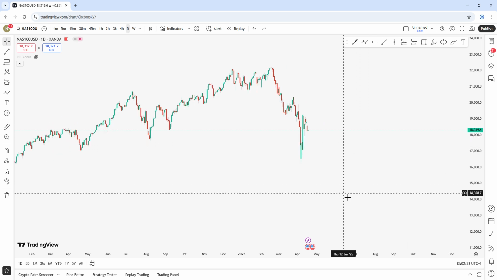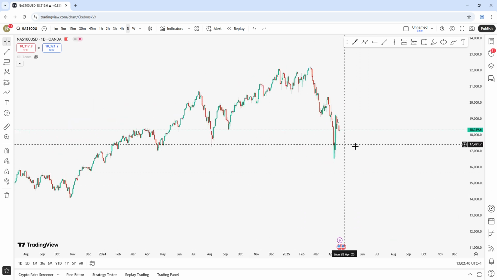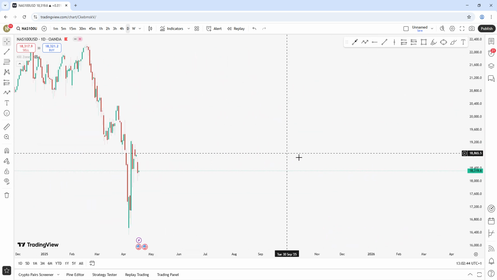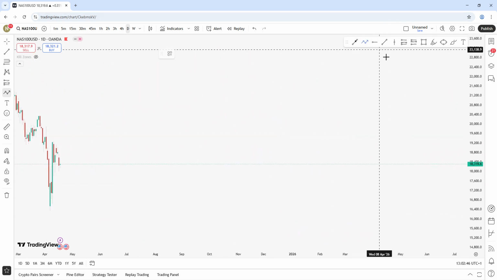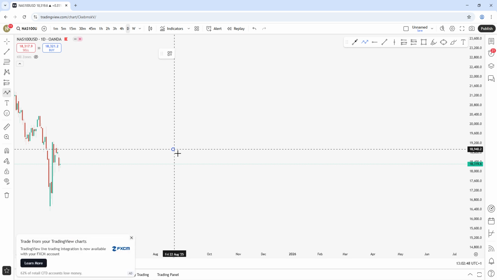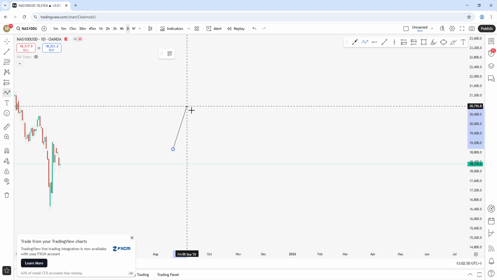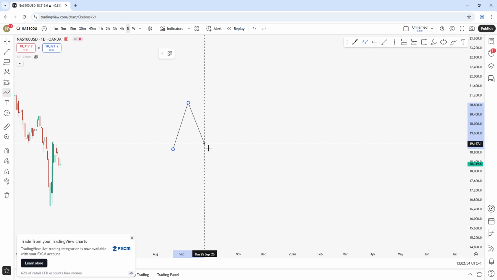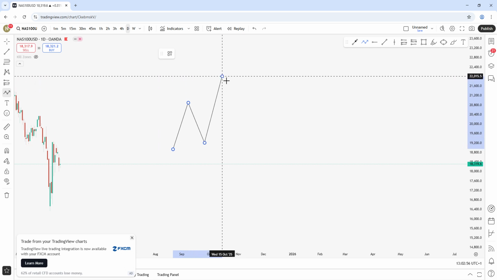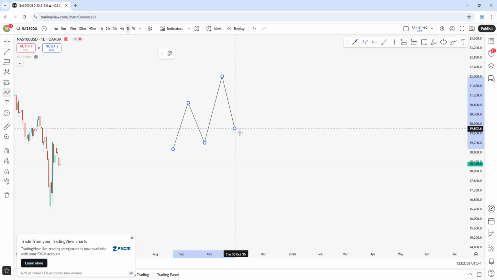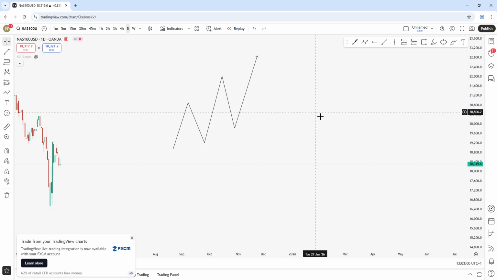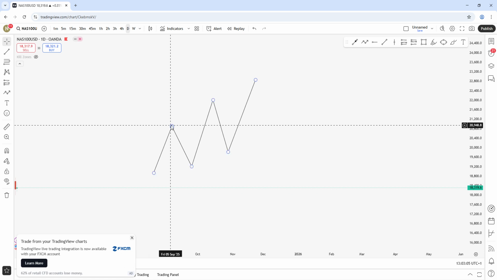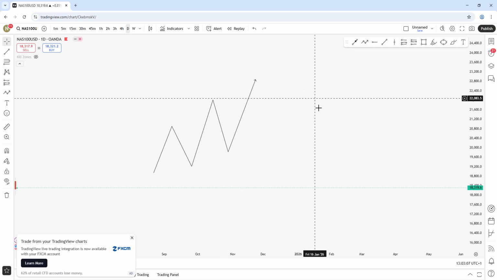It's like a retest, but it's not exactly a retest. Let me explain this to you. This is how a retest works. Here is a resistance and there's a support. Higher high, higher low, we can see it's an uptrend.